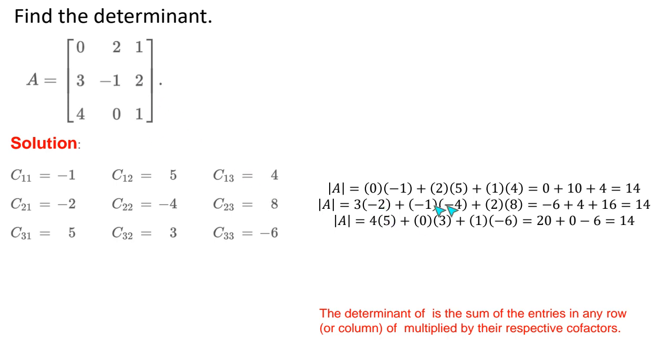And if you do the math here, you still get 14. And the same with the last row, you still get 14. So the determinant of this 3 by 3 matrix is going to be 14. Okay, so that's how you would work this matrix without the calculator.